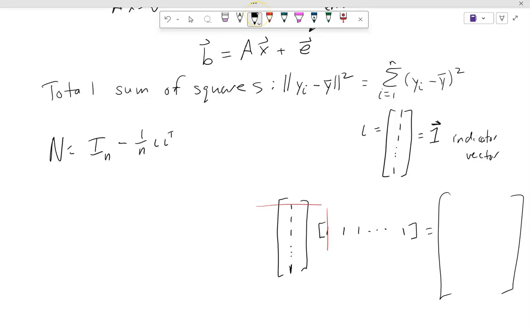So what's the product going to be? 1. Now go to the next one. Row 1, column 2 multiplied together gives me a 1. Row 1 times column 3 gives me a 1. I'm going to get a bunch of 1s, right? So iota times iota transpose is just a fancy way to write a matrix of all ones. Super interesting. It's a trick to help us do computations. That's what we're getting at.